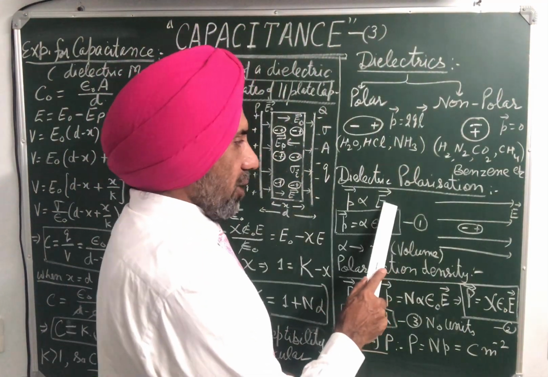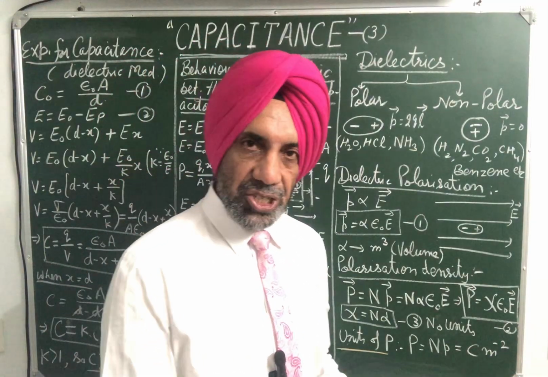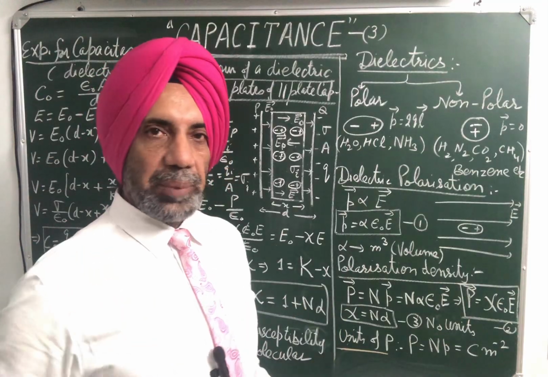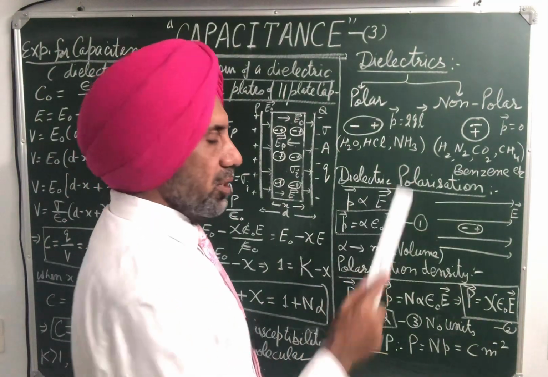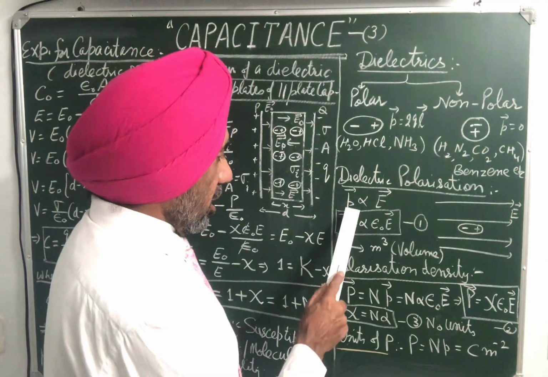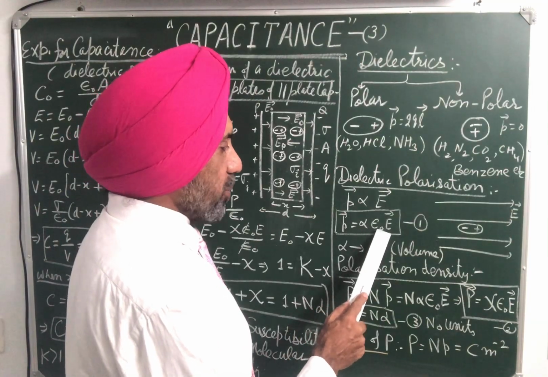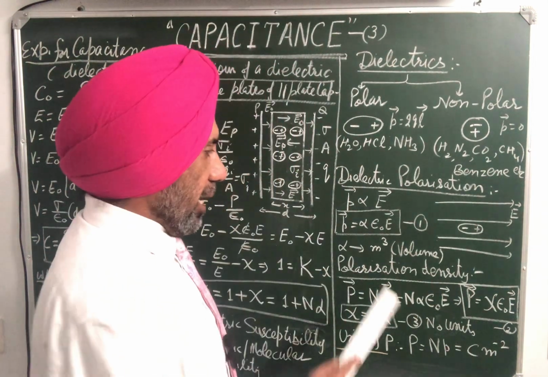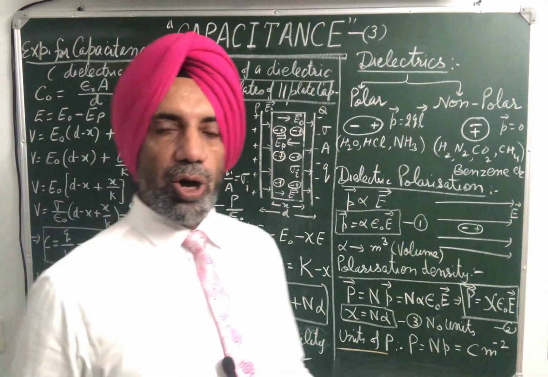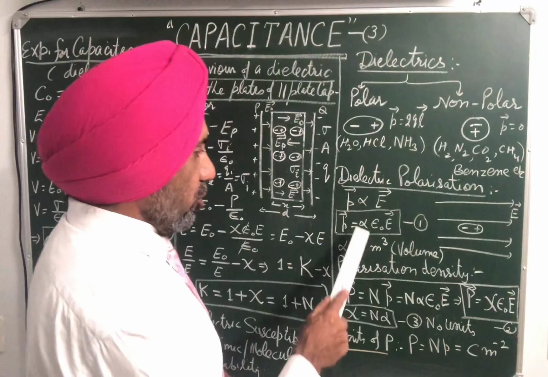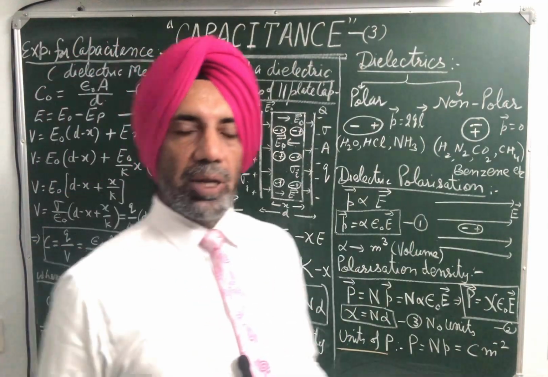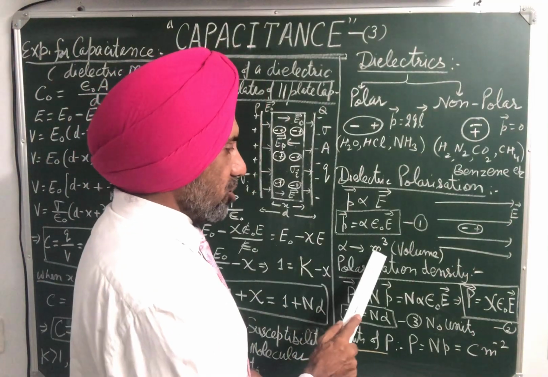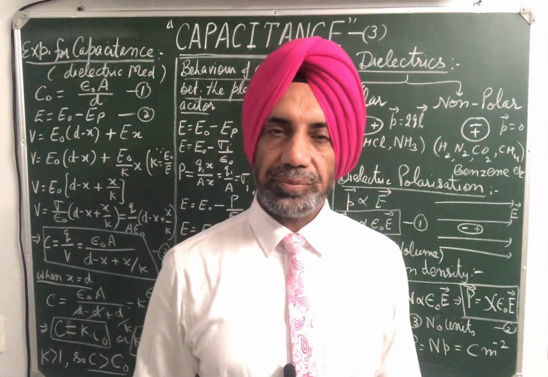The more the electric field, the more the polarization, the more the stretching. Therefore, dipole moment P is directly proportional to E, or P is equal to alpha epsilon naught E, where epsilon naught is the permittivity of free space and alpha is a new constant of proportionality, known as atomic or molecular polarizability. Alpha has dimensions of volume, meter cube.